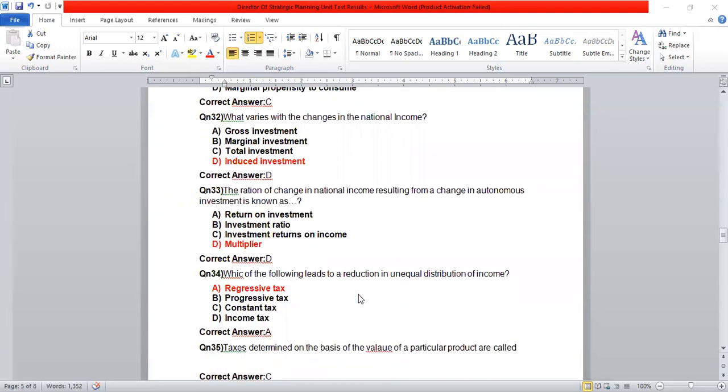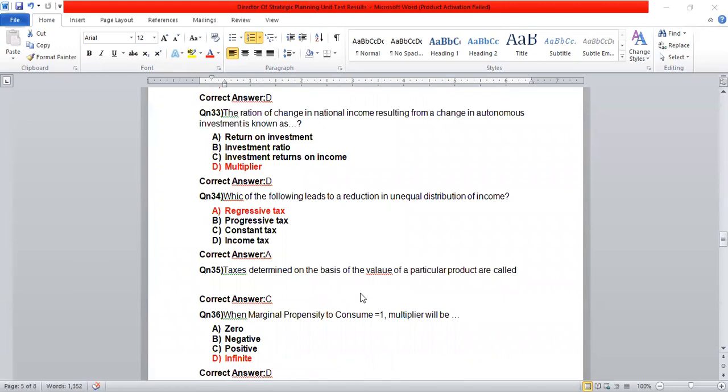Question 34. Which of the following leads to a reduction in unequal distribution of income? This is a regressive tax. Question 35. Tax determined on the basis of the value of a particular product is called an ad valorem tax.